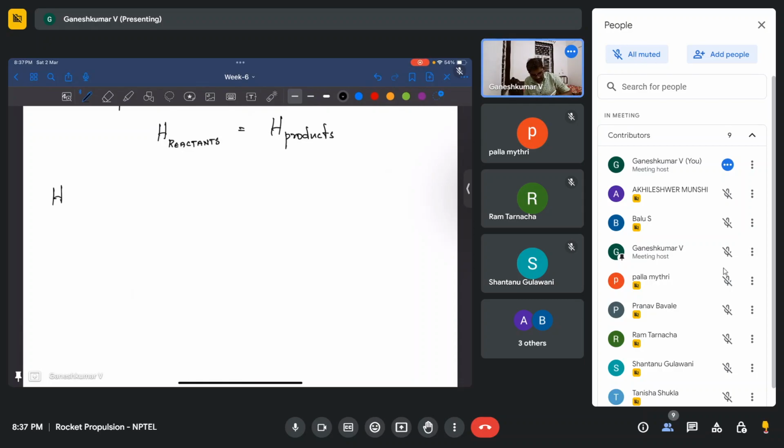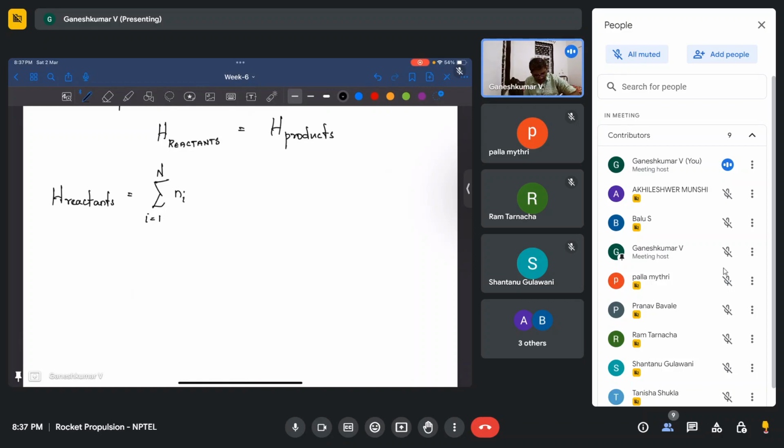So how will we define the enthalpy of reactants? It is going to be a summation over all the species, reactant species in the sense of fuel and oxidizer, for i equal to 1 to some capital N. This is the N number of species you have for the reactants.